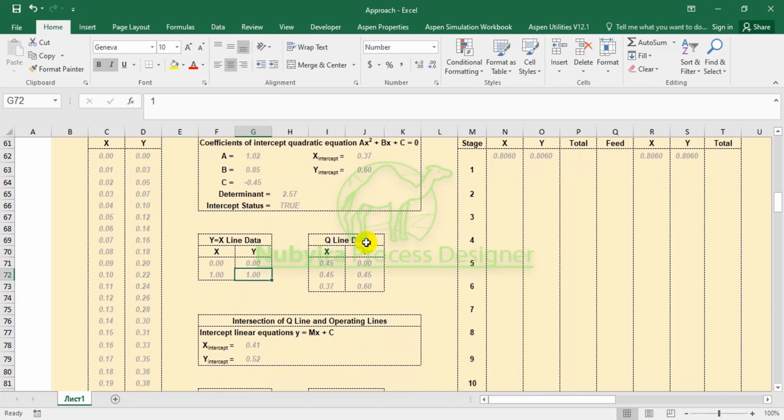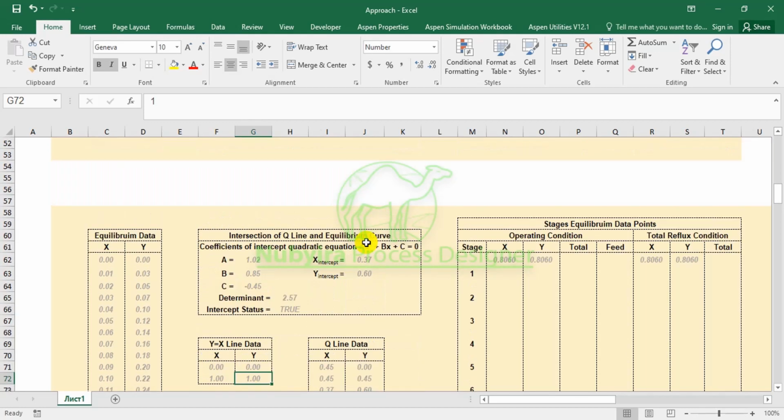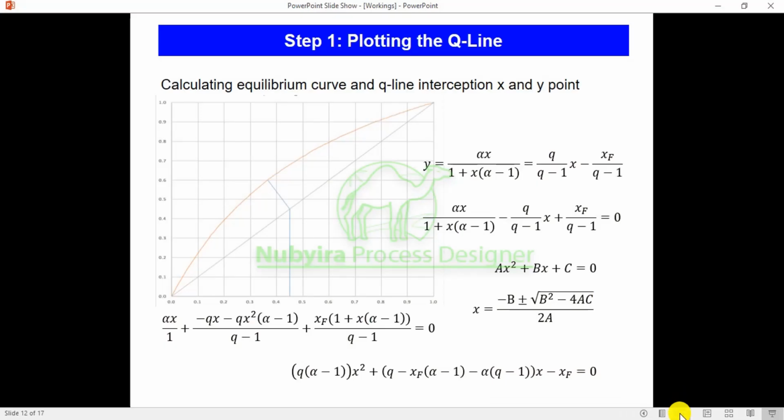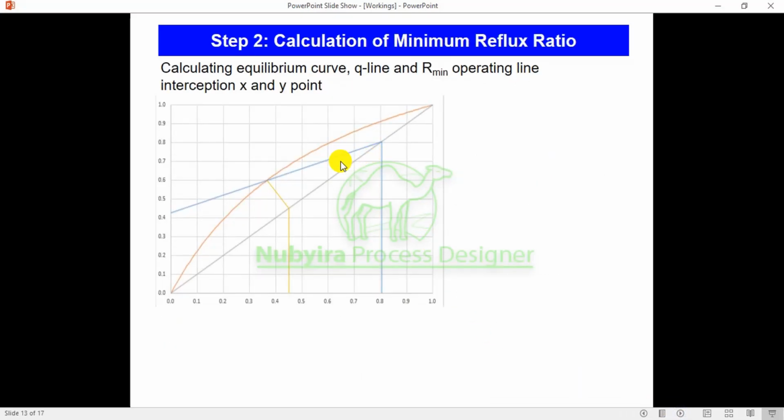After that, the next thing is the calculation of the minimum reflux ratio. The difference is in how you plot the minimum reflux ratio in the McCabe-Thiele method. The operating line is the line that starts from the mole fraction of the light component in the distillate, and joins the point where the Q line intercepts the equilibrium curve.